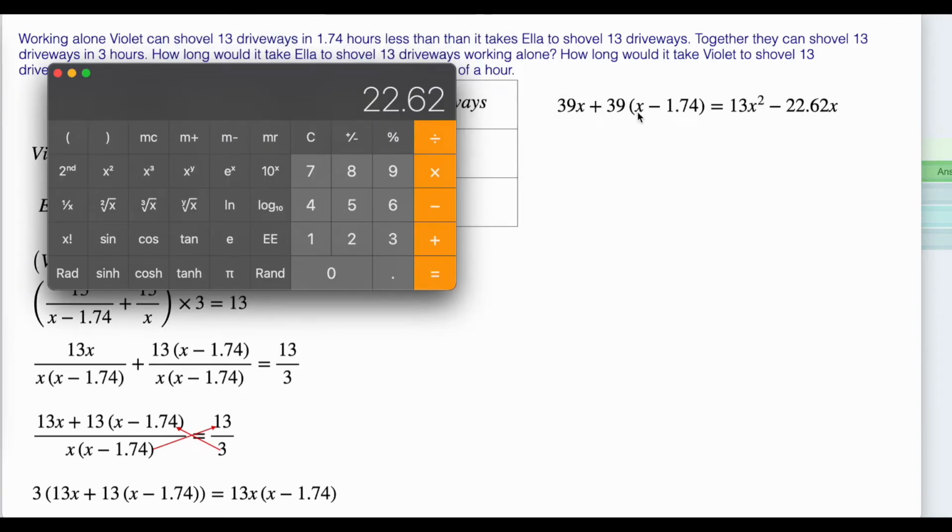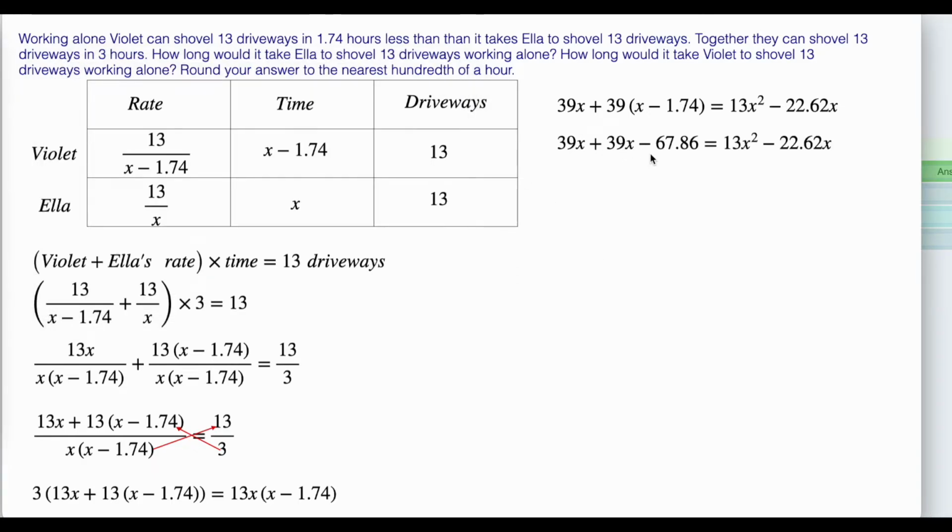The 39 is going to come in, multiply the x, and multiply the 1.74. 39 times 1.74 gives us 67.86. We end up with 39x plus 39x minus 67.86 is equal to 13x squared minus 22.62x.